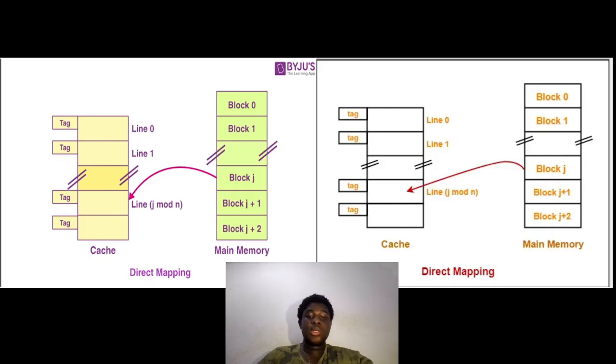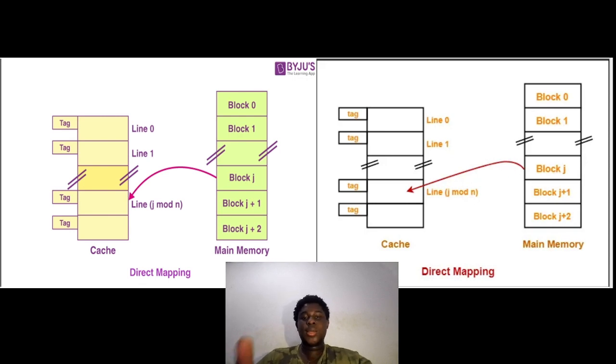So those are the images behind me. It's actually the same thing, but this one is the skeleton drawn type of the mapping and the cache memory, and the other is the colored one. This one is direct mapping.